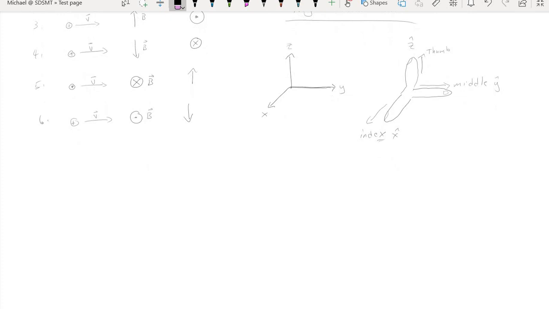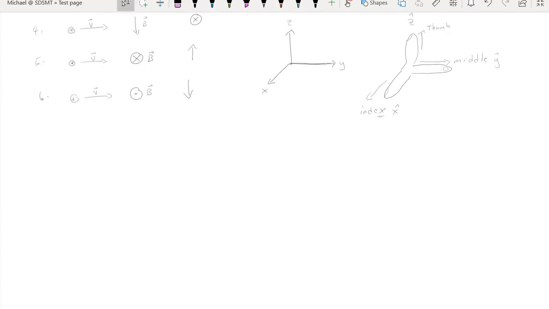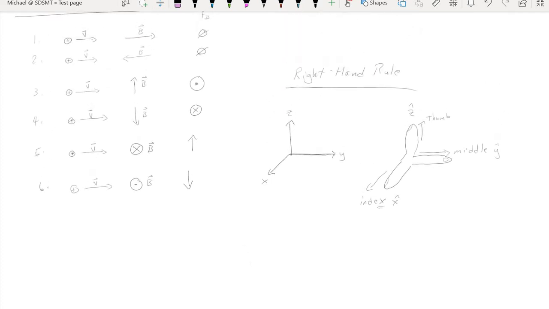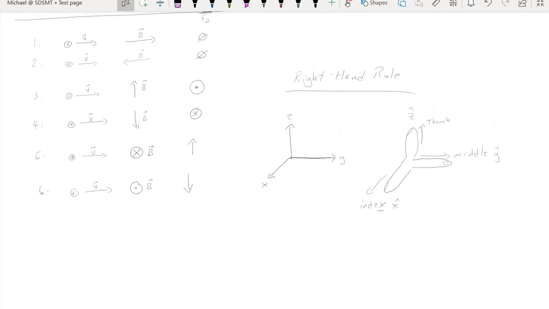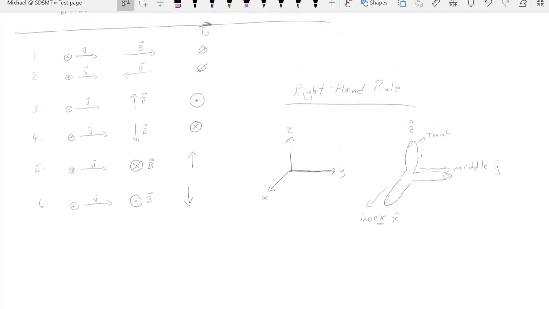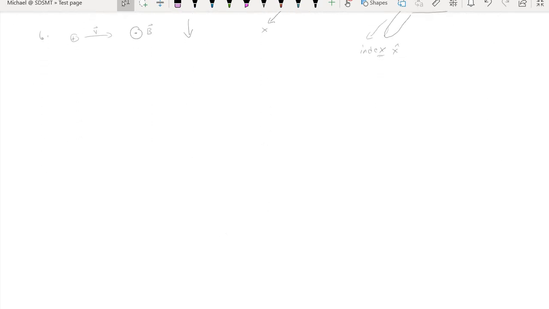The second part about the right hand rule is how we will evaluate. We have these different vectors that are pointing in all different directions. But when it comes to all of the different pairings here, there's really only 3 different choices as to a component that a vector can have.